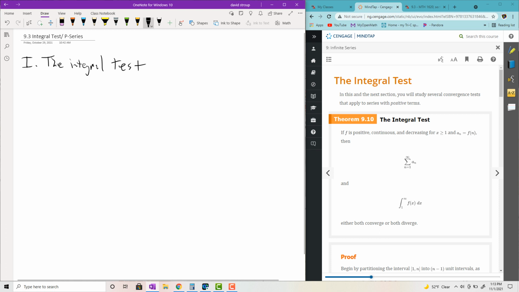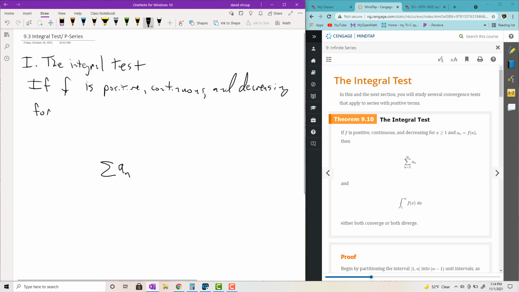We note that if this function f of x is positive, continuous, and decreasing, and it's true for some n value greater than or equal to 1, then the relationship we're talking about is between the infinite series of a sub n from n equals 1 to infinity, and the improper integral from 1 to infinity of f of x.